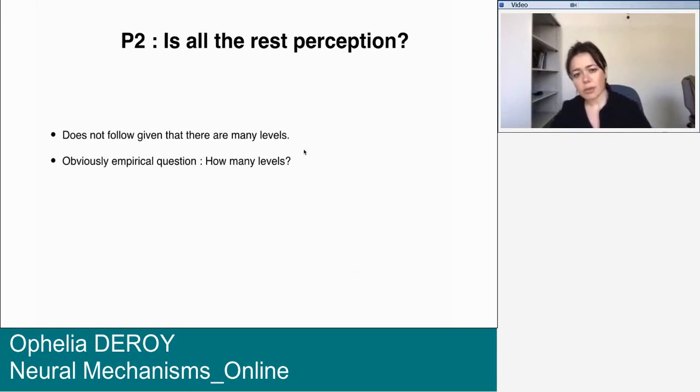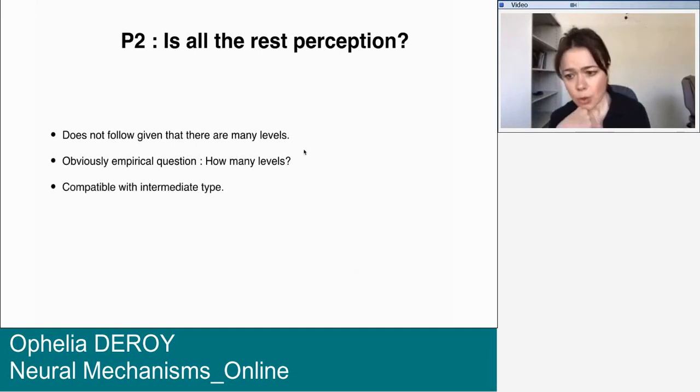Now, obviously, it's an empirical question how many levels one should recognize and how these levels should be individuated with regard to neuroscientific and modeling criteria. That's something I'm interested in looking at, but it's a work in progress, how to individuate levels. But surely the account I'm putting forward is compatible with recognizing that we need an intermediate type between cognition and perception.